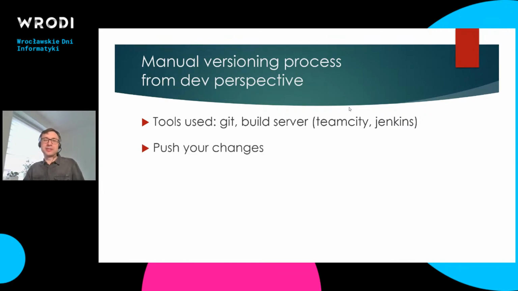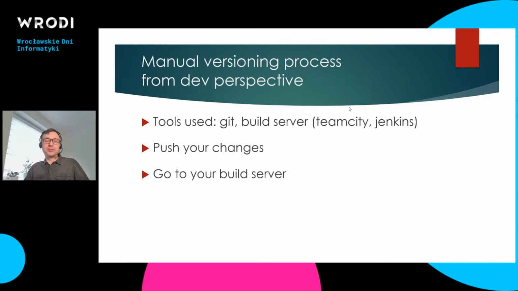As developers, we write code, usually, right? So we push our changes, and we want to somehow indicate to the user or the other development team members what the changes are, right?